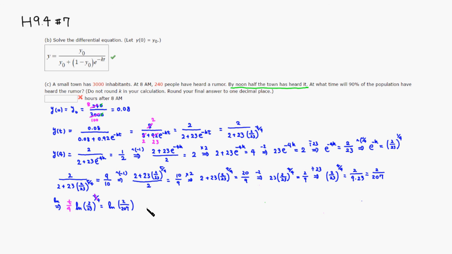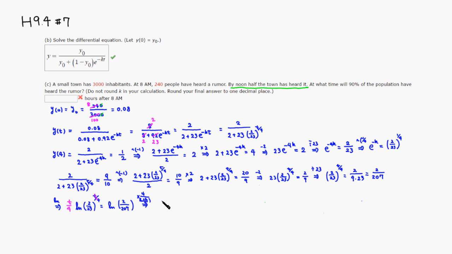Then, in order to isolate t, you want to multiply by 4 to get rid of that 4, and then divide through by natural log of 2 over 23. Sorry, it's kind of hard to see.